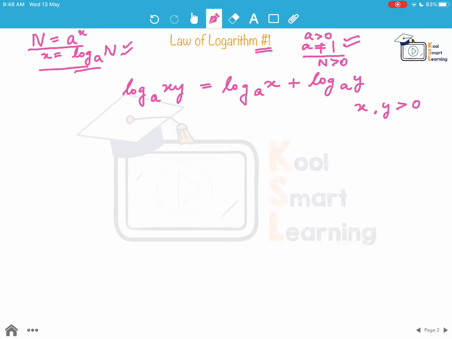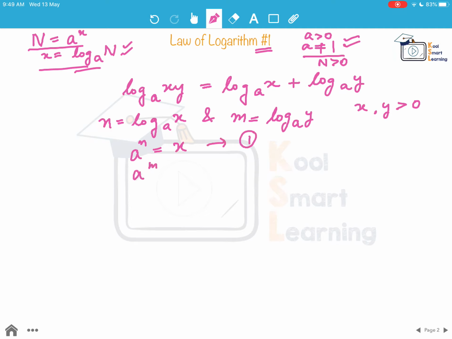Now let's first see how do we arrive at this conclusion. Let's first say that n is equal to log of x to the base a and m is equal to log of y to the base a. So we say that a raised to the power n is equal to x. Let's call this 1.